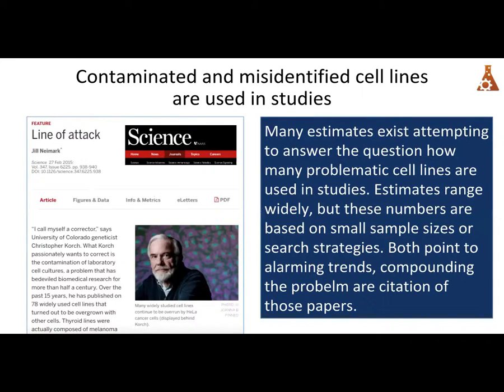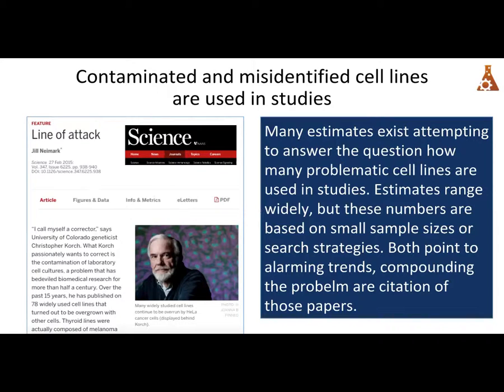Okay. Now, the issue of contaminated and misidentified cell lines being in use in many, many studies has been a real problem for a group of researchers in the cell line space.